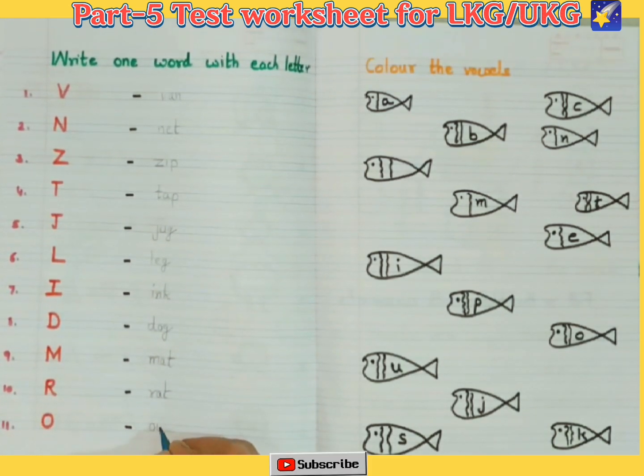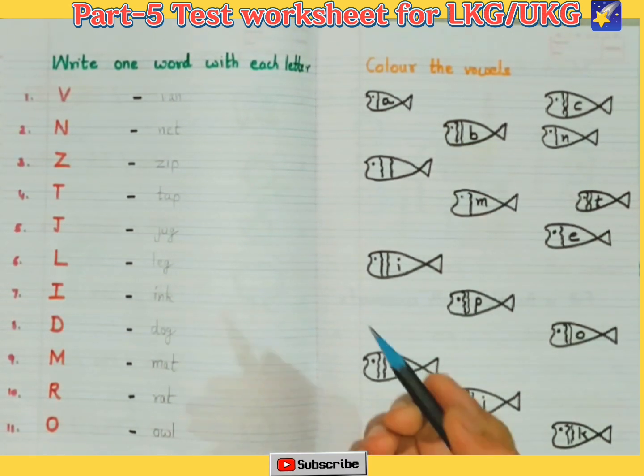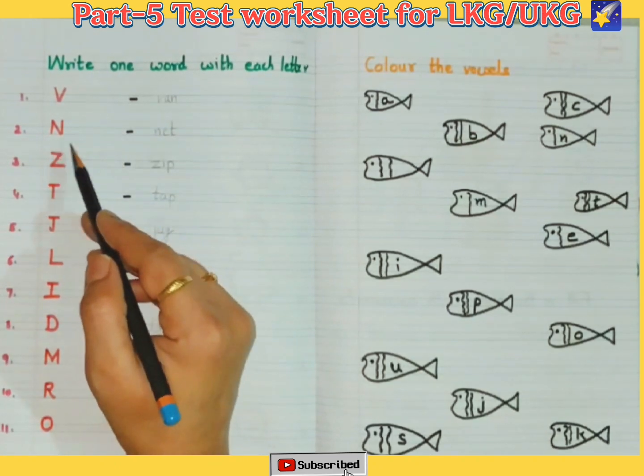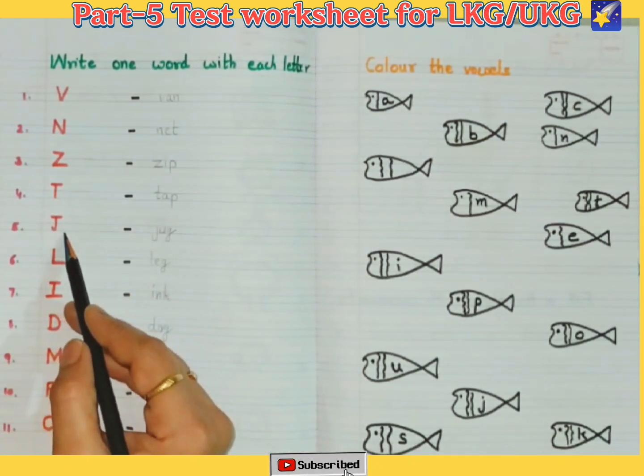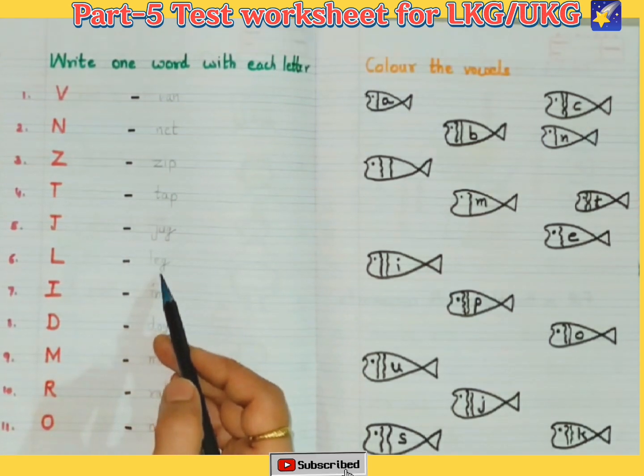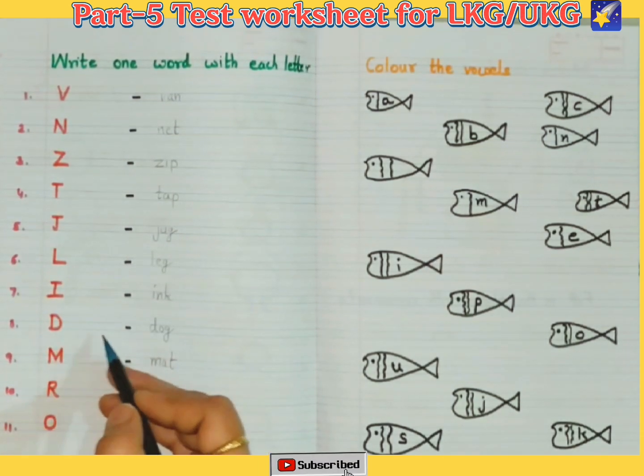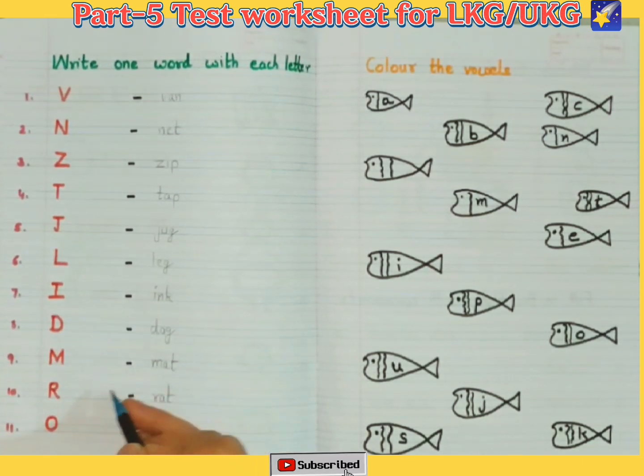O for owl. Next, V for van, N for net, Z for zip, T for tap, J for jug, L for leg, I for ink, D for dog, M for mat, R for rat, O for owl.